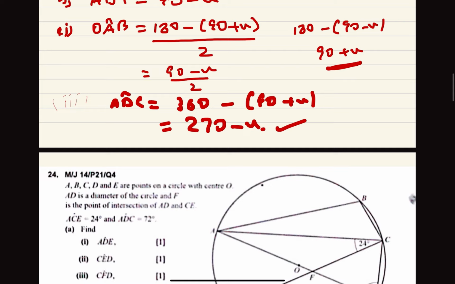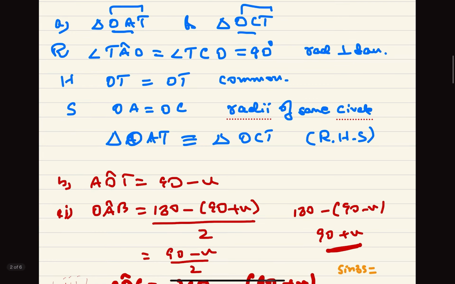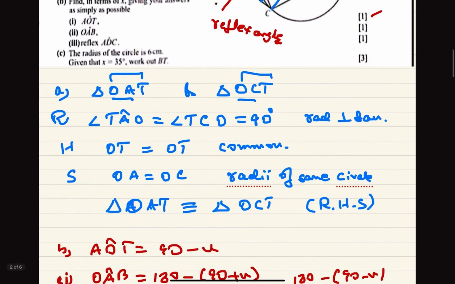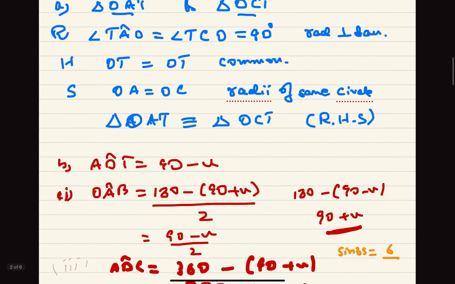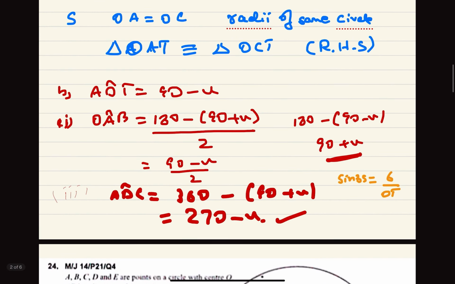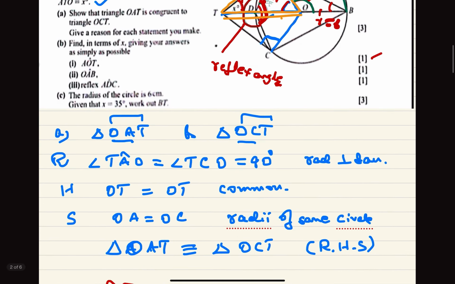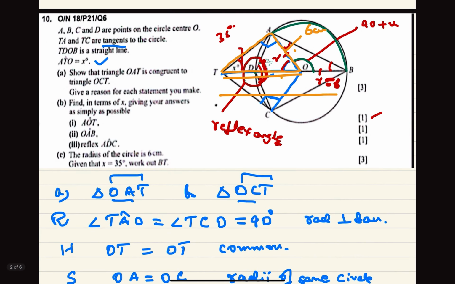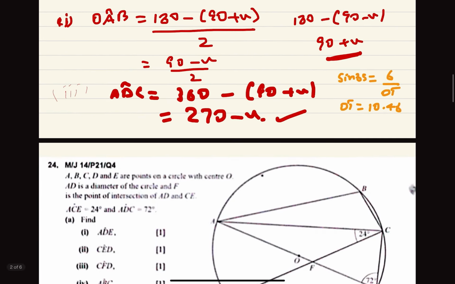Sine 35 is opposite over hypotenuse, that is 6 over OT, and that OT is equal to 6 divided by sine 35 equals 10.46. Then BT is OT plus this radius. OT plus radius, so 16.46, right?